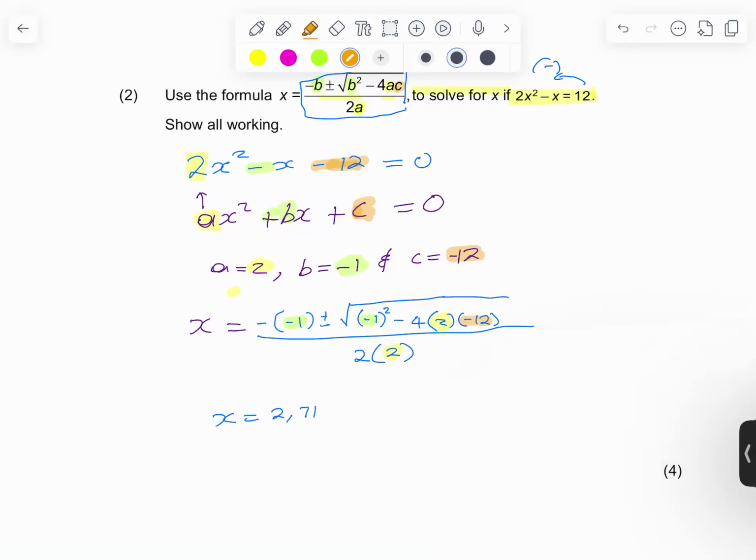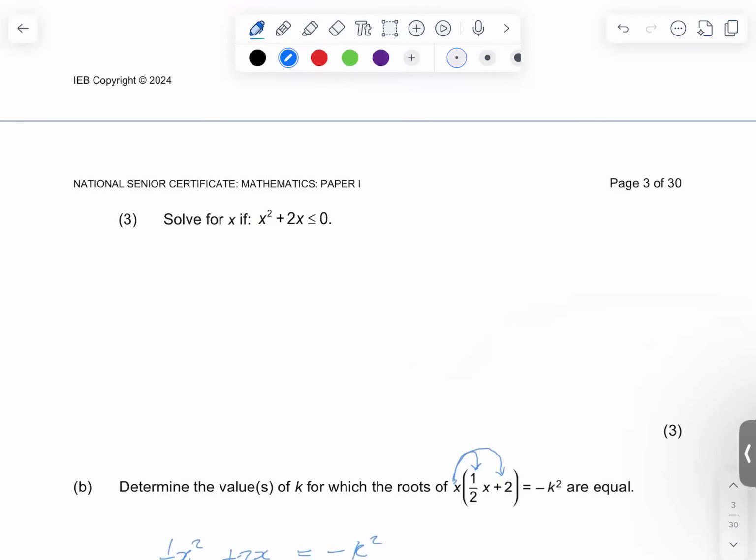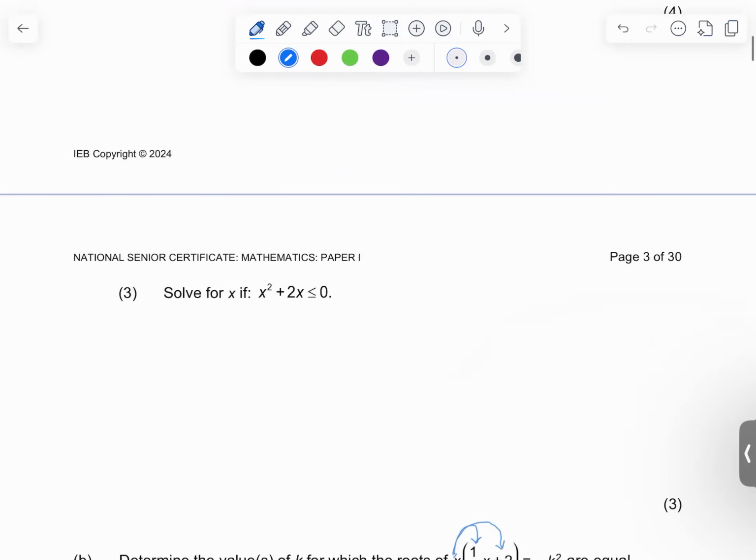I will simply write it here as, or x is equal to negative 2,21. That's it. That's all you were supposed to have done. Easy 4 marks, right? Perfect. Now here we have been given the inequality.